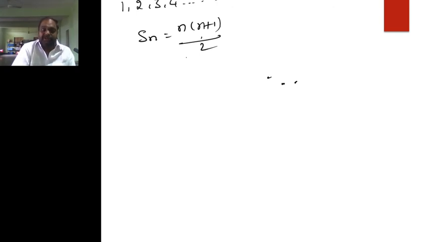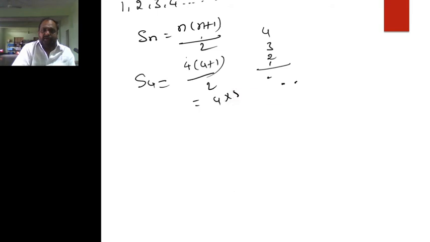Suppose you want to add 4, 3, 2, 1. We simply take the number of terms, S4 is 4 into 4 plus 1 by 2, that is 4 into 5 by 2, which is equal to 10.